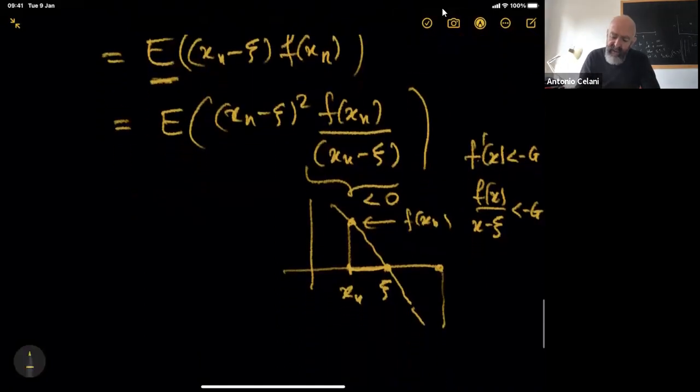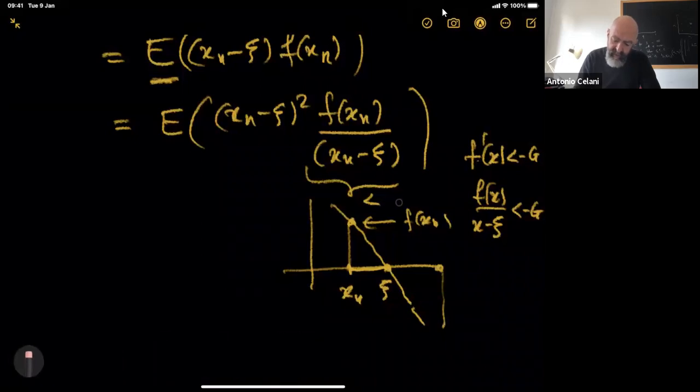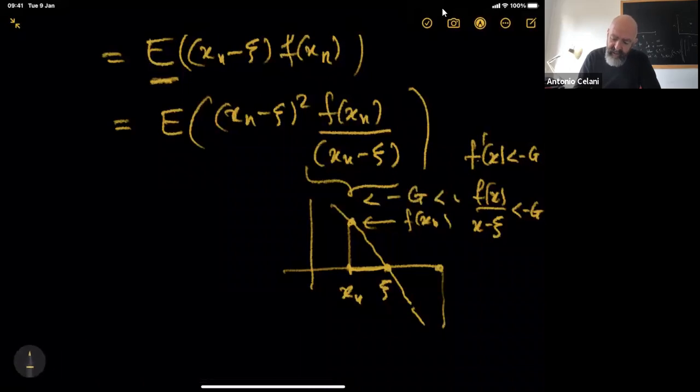Because this allows us to say that this term is in fact not only strictly smaller than 0, but is actually smaller than minus g, which in turn is smaller than 0. So we can bound it.